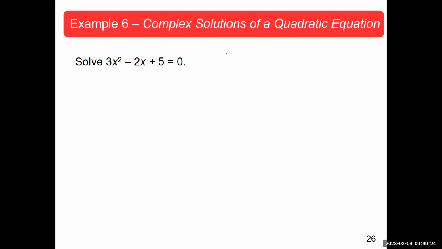We're going to use a formula: x equals negative b, positive negative square root of b squared minus 4ac, over 2a. Remember here, what is a? a equals 3, b equals -2, c equals 5. Let's plug in.